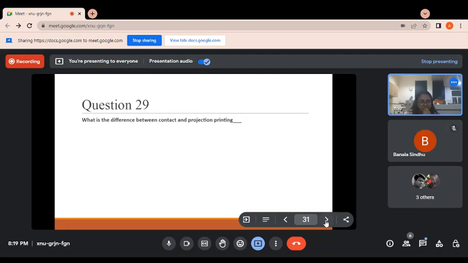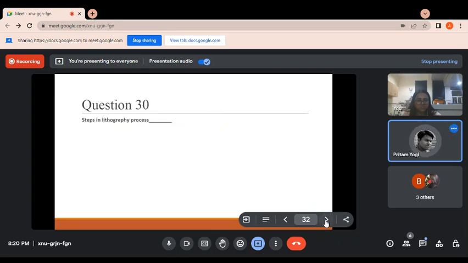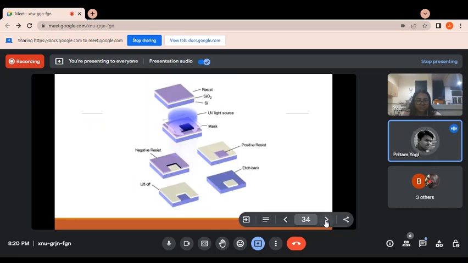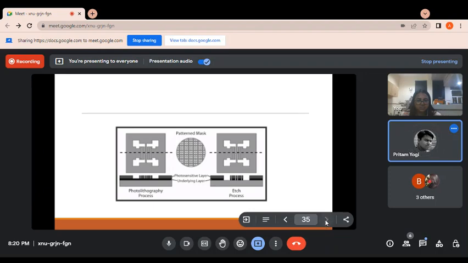Don't know, ma'am. Preetham? Already told, in contact we use the mask and the wafer in contact, but in projection we use them separately, from some distance.